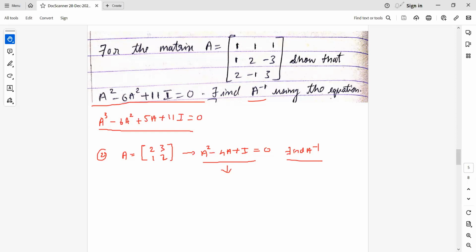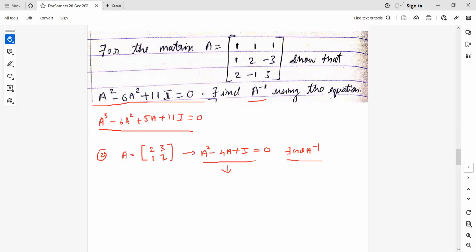Okay, and now in the chat box. Nikita, are you there? Nikita. Okay, this question was given to you as homework. A dash is equal to [3 4 -1; 2 0 1], B is equal to, then verify that. Simple, first find out A dash. A dash is given, find A, and B is given.